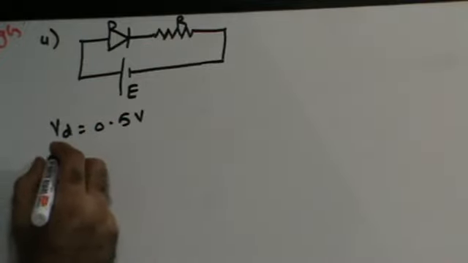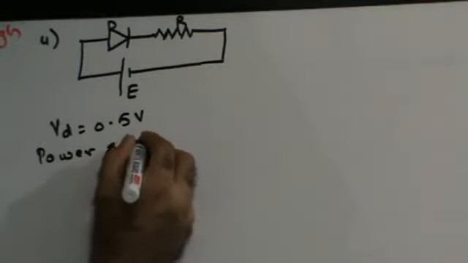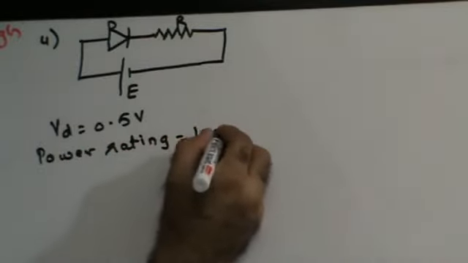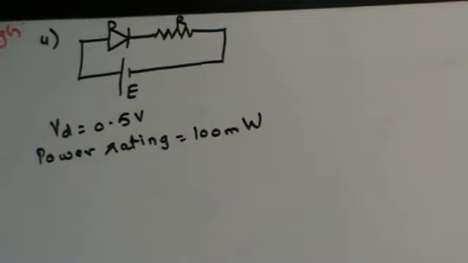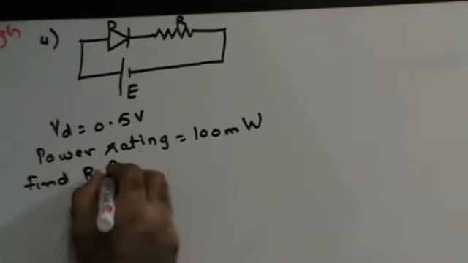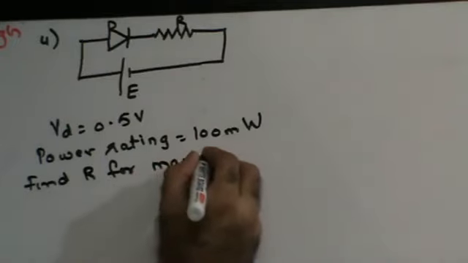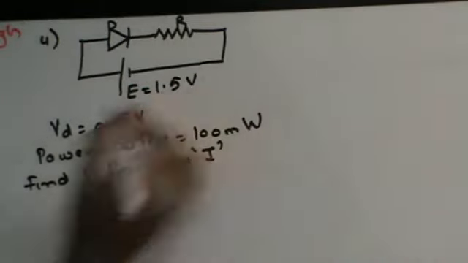At all current, the maximum power rating they've given you is 100 milliwatts. They also ask what should be the value of the resistance connected in series to obtain maximum current. Find R for max current. Right? And they've given you that EMF is 1.5 volt.